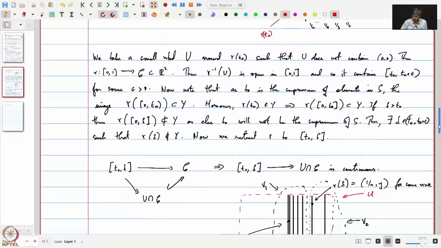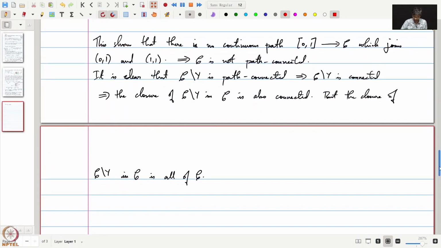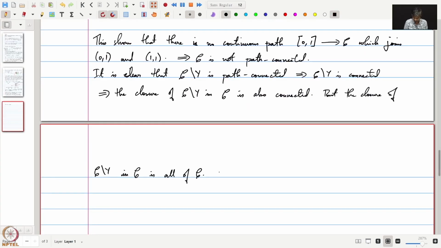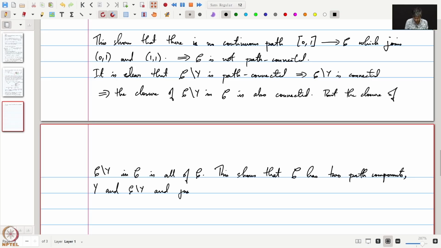Okay, so this shows that C has two path components, namely Y and C minus Y, and just one connected component, C, right?